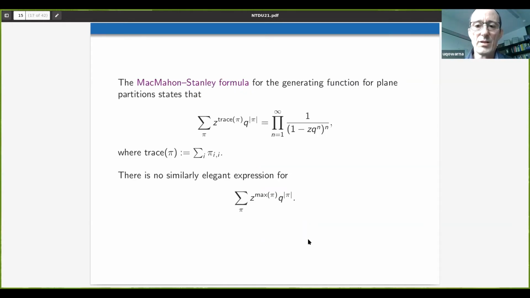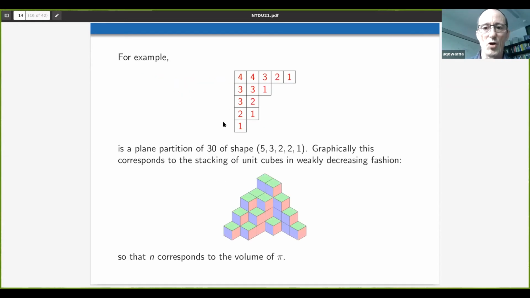And well, like the Euler formula for the generating function of ordinary partitions, there's a very nice formula for the generating function of plane partitions. And it looks very similar. If you remove this n here on the right, then you precisely get Euler's formula. Okay, and where this trace is now, essentially if you go back here, the trace is just the sum of the entries along the main diagonal, or in this picture here, 4 and 3.